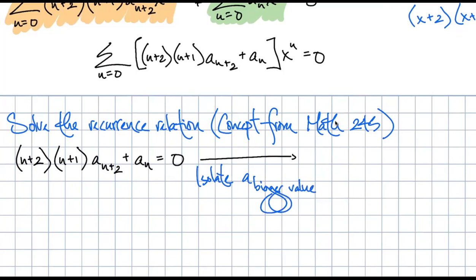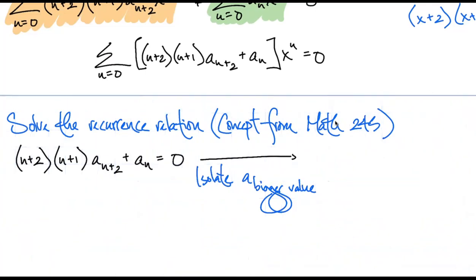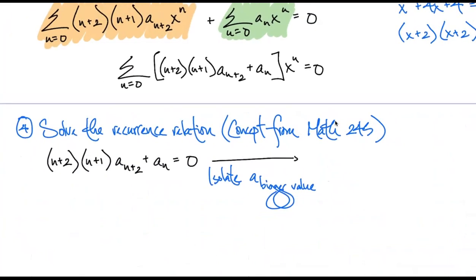Okay, and so in this case, if we get a sub n plus 2 by itself, absolutely, I can do that. Thank you for letting me know. All right, that better? Okay, cool. All right. So if I wanted to get a sub n plus 2 by itself, what would be a good first step? Like I bet in 2 steps, we could get this a sub n plus 2 by itself.